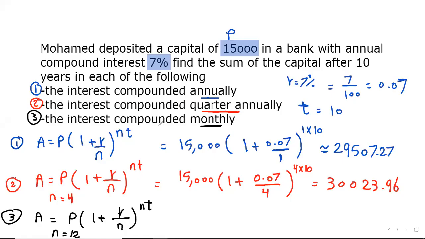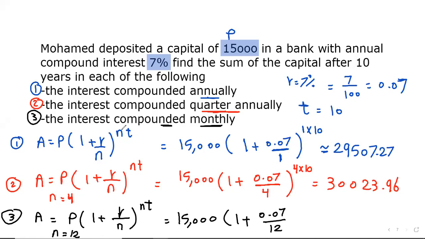If the interest is compounded monthly, monthly means 12 times per year, so n is 12. So write the rule: A is P multiplied by 1 plus r divided by n, all raised to the power of n multiplied by t. So it's 15,000 multiplied by 1 plus the rate, 0.07 divided by 12. Why 12 in this case?